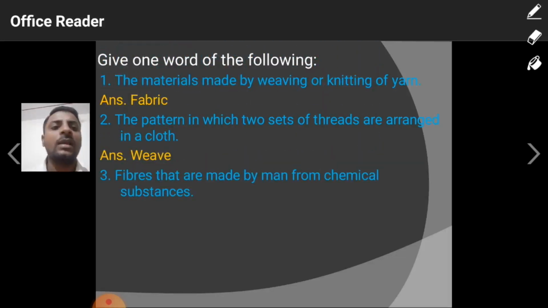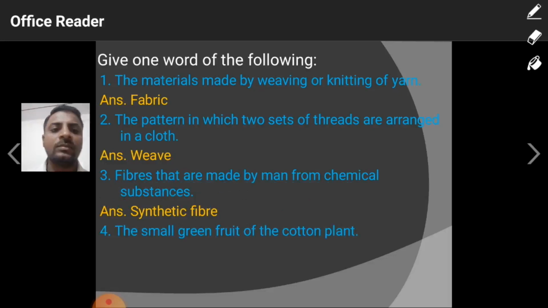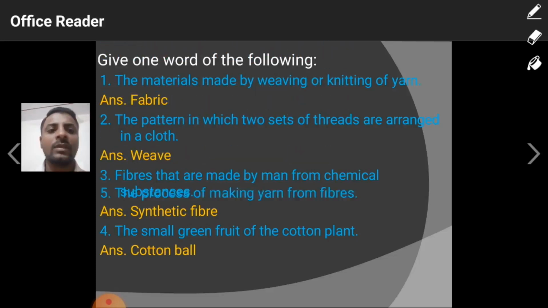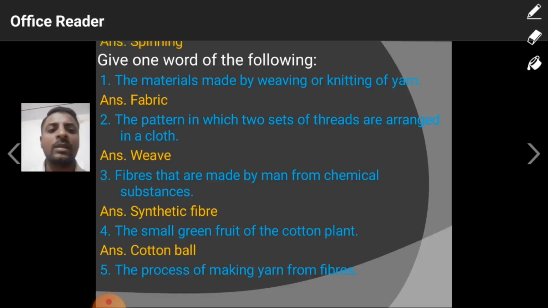Fibers that are made by men from chemical substances are called synthetic fibers. The small green fruit of the cotton plant is the cotton boll. The process of making yarn from fiber is called spinning. So these are the one words.